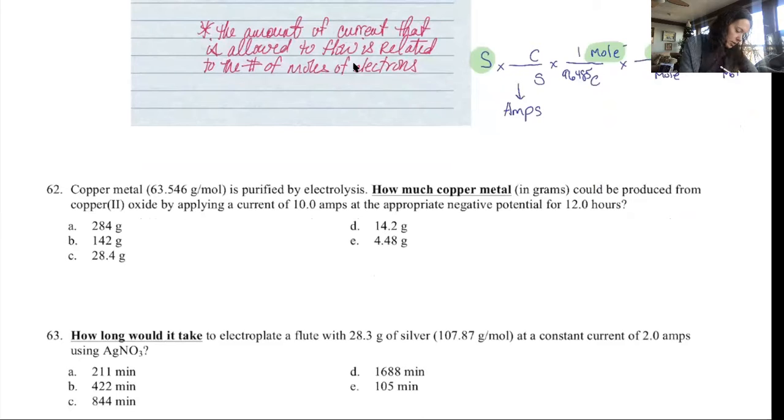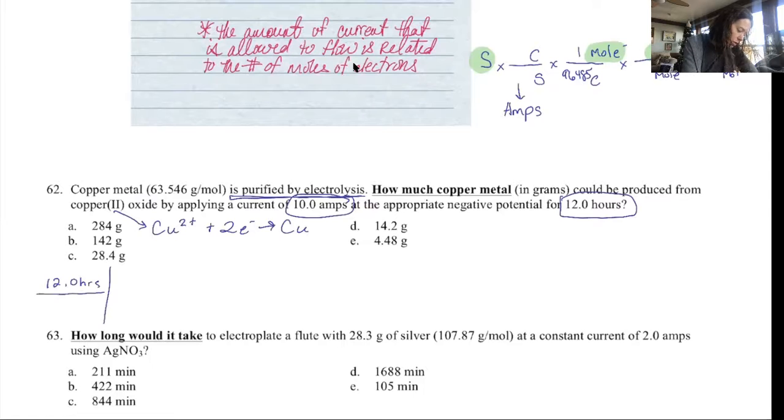So what you see here is copper metal with its molar mass is purified, right? That's kind of what I was talking about. How many grams of copper can we get from copper 2 oxide? That means it is the Cu2+ plus 2 electrons yields the Cu, right? And we're going to do this for 12 hours, 10 amps. So let's see, we've got 12 hours. I don't want to do all those big lines. It gets on my nerves.